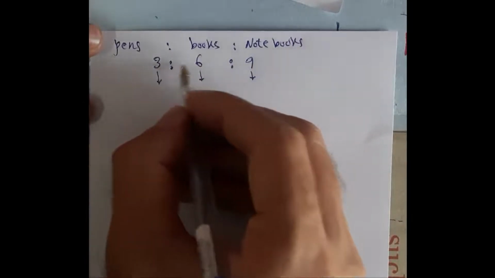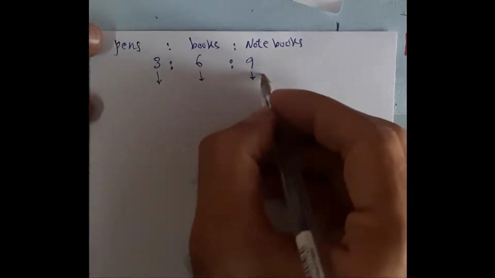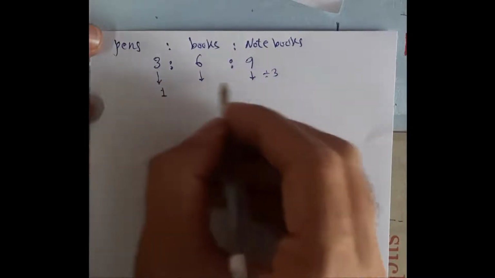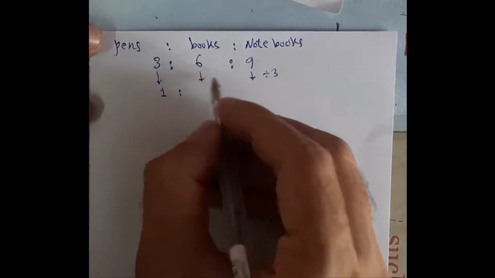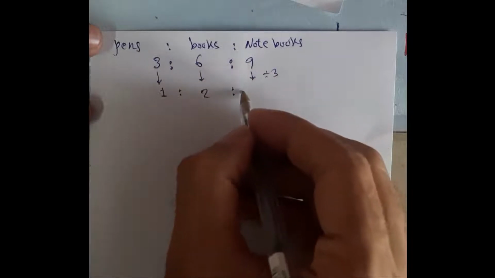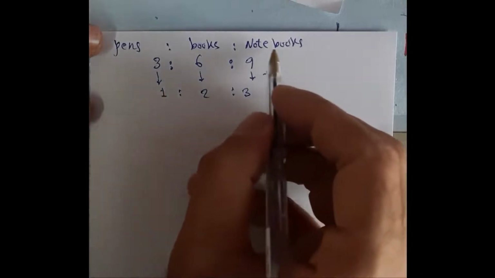Here we have 3, here we have 6, and here we have 9. We divide all of them by 3. 3 divided by 3 is 1, colon, 6 divided by 3 is 2, colon, 9 divided by 3 is 3. It is the ratio of pens, books, notebooks.